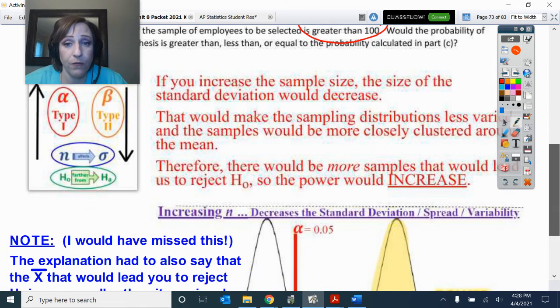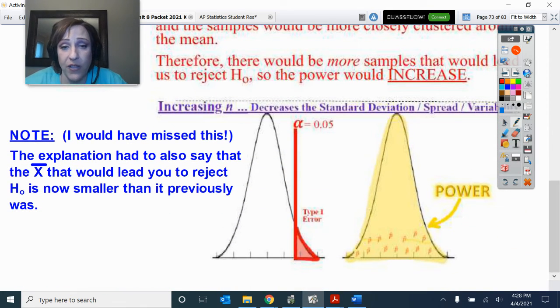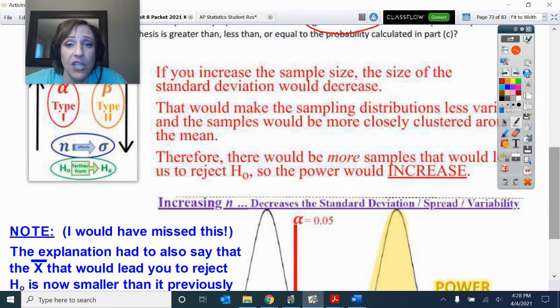So that's for one. And I actually drew a picture. This came from our notes when we discussed the things that change the size of power. When you're making the sample size bigger, that's reducing the variability and sucking in the data, getting more close. So that's what I wrote here. So increasing the sample size would make the standard deviation decrease.